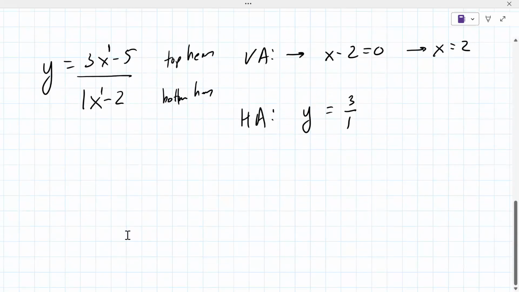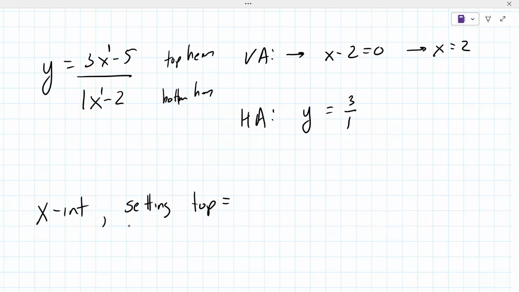But now the added benefit of this is that we can figure out the x-intercept. Do you remember anything about the x-intercept? You're setting the top equal to 0. All right, so could you solve that for x for us, please?